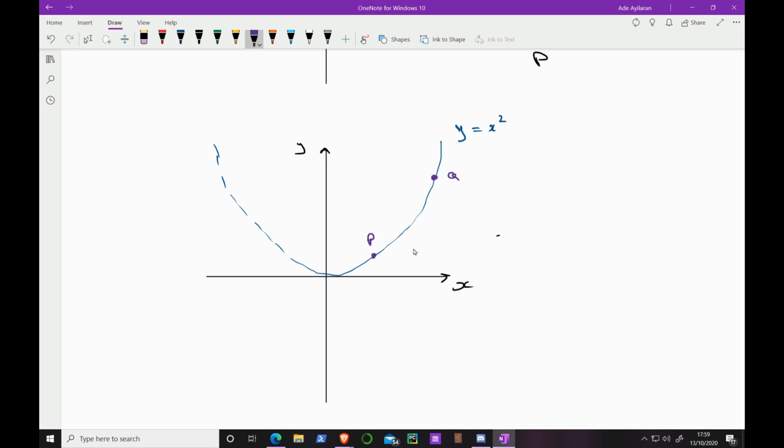Now the point P has the coordinates (3, 9). So we know what the point P is.